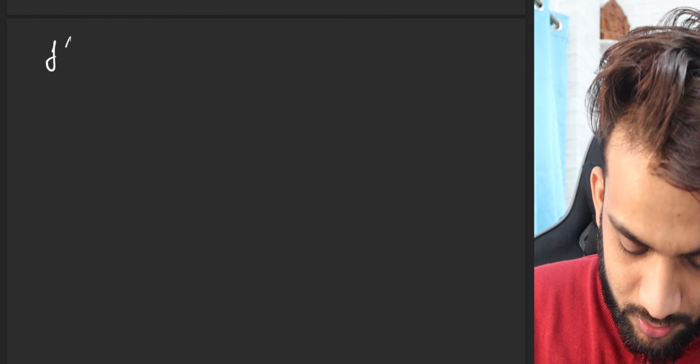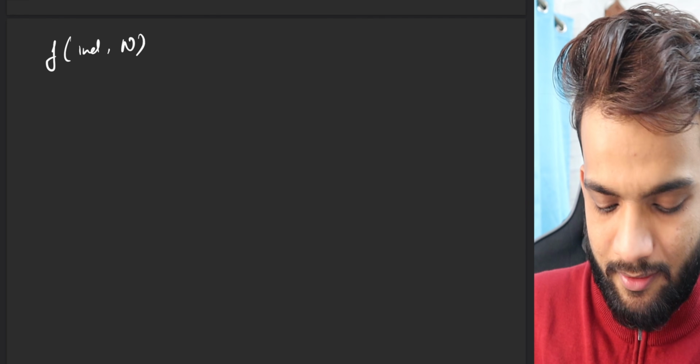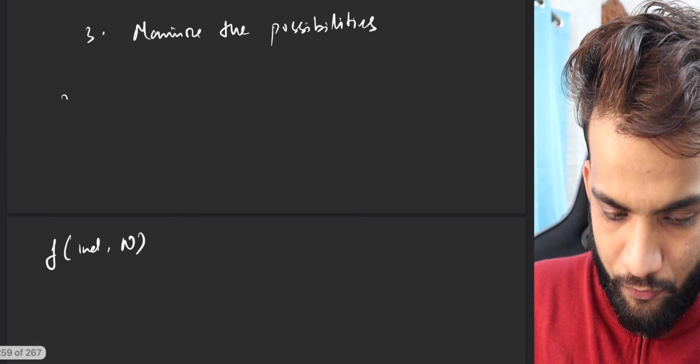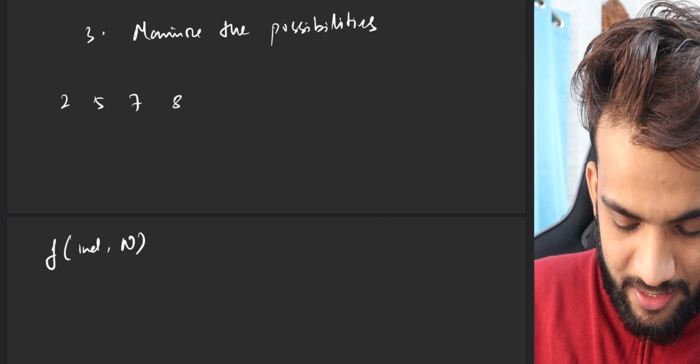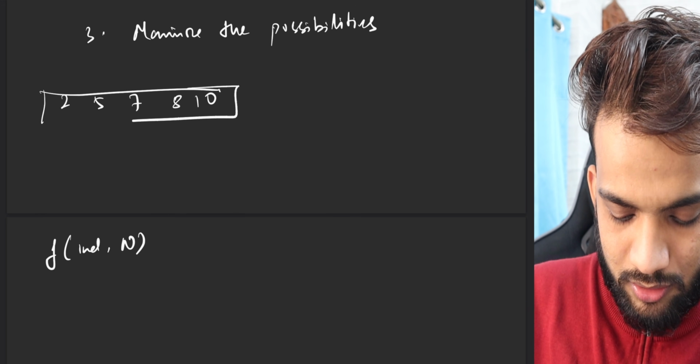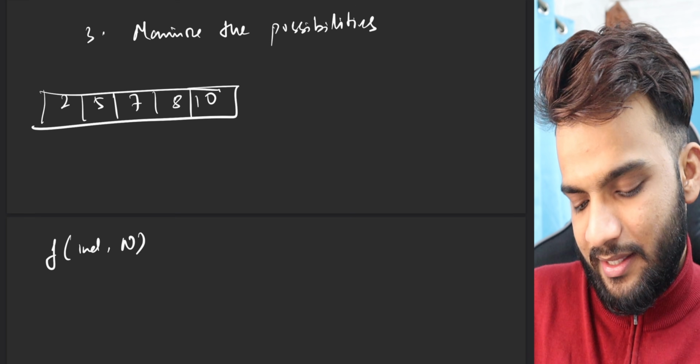So can I say this? I will start off with index and a capital N. Now 2, 5, 7, 8, 10. This was the pricing of rod lengths. Can I say this?